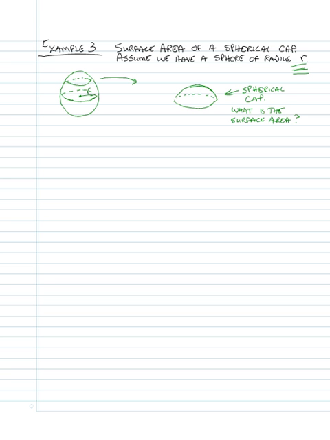And the next thing it depends on is how high this cap is, and we'll call that distance h. But of course, the radius of this circle in the cap is not r because it's smaller than r, isn't it? We've lopped off the top part. We just have a cap of that sphere.